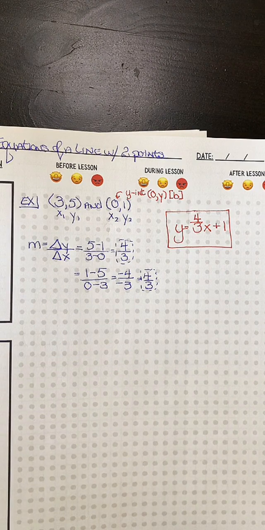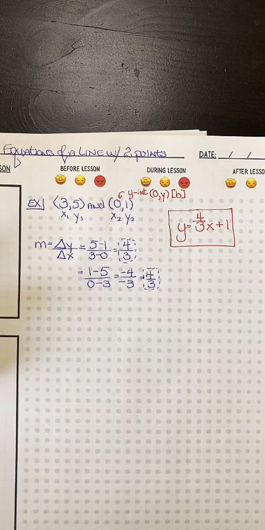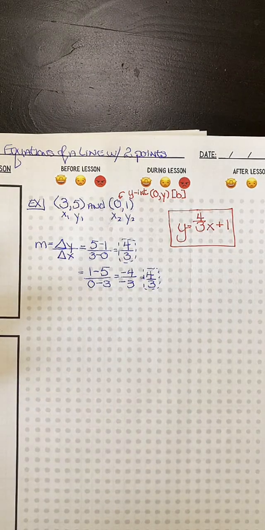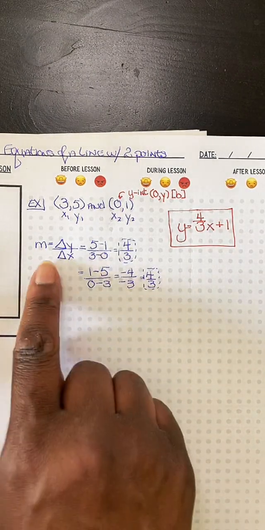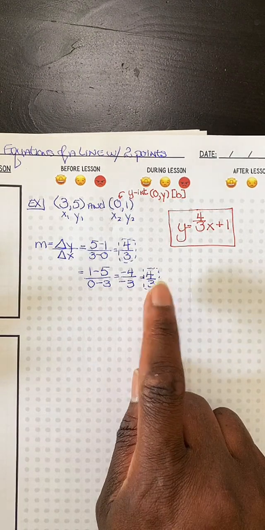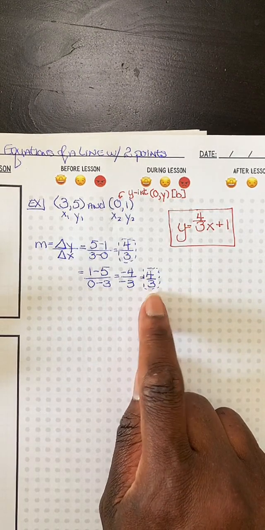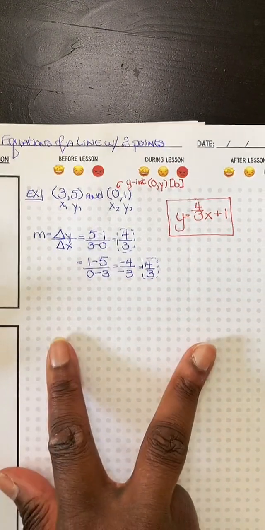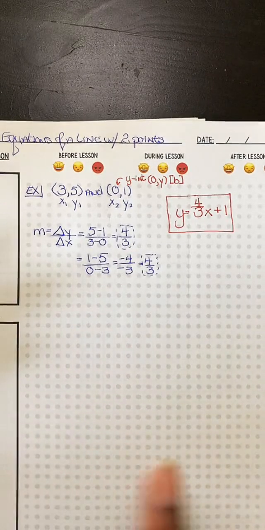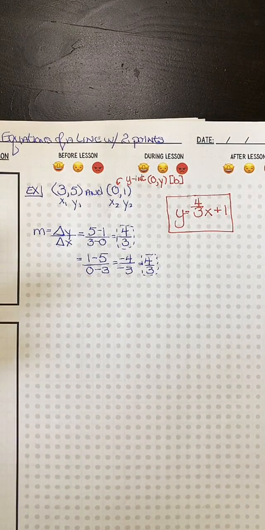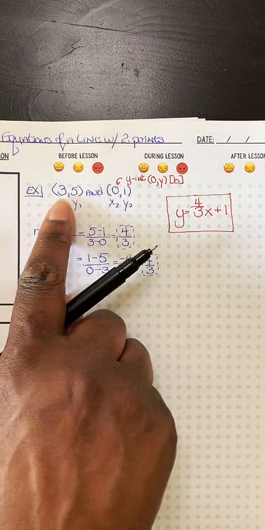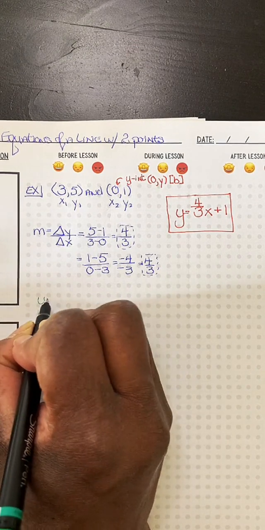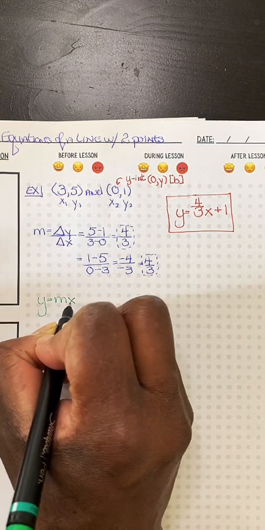If we didn't know the y-intercept, let's say we didn't recognize that to be our y-intercept, no problem, but we found our slope. Are we all in agreement with that? What you could do, and I'm going to do this one of two ways, and you pick which way fits you, is pick the first point and use y equals mx plus b.